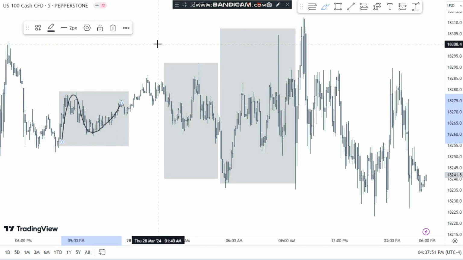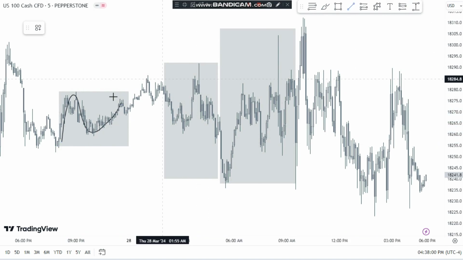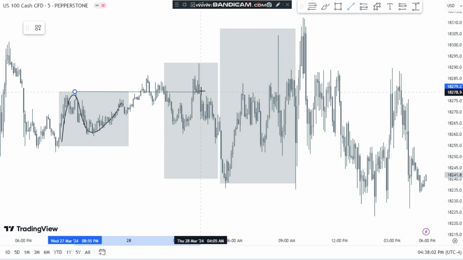Now, in the London kill zone, we have to wait for the price to sweep either the highs of the Asian kill zone or the lows of the Asian kill zone. You can see that in this case, we got the sweep of the Asian kill zone highs, but we won't get an entry at this area. This is where we will wait for our confirmation.